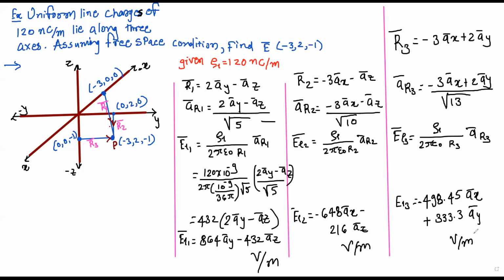Right. So these are the values we are getting, but what they have asked is the electric field intensity at a point P. So it is going to be a vector sum of all those electric field intensities. Just try to recall the principle of superposition.